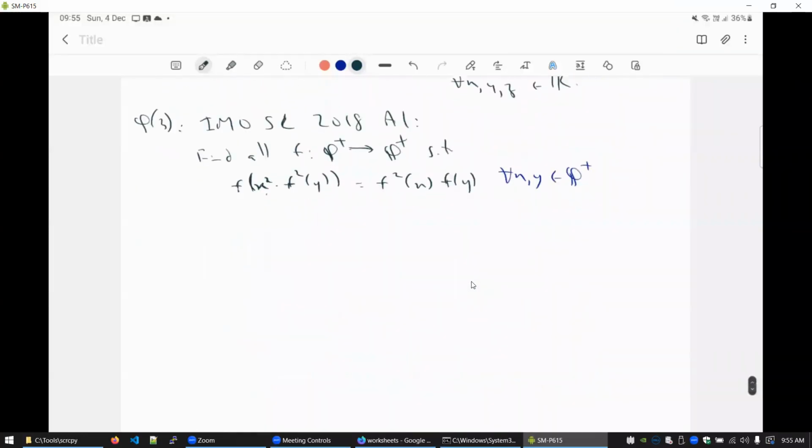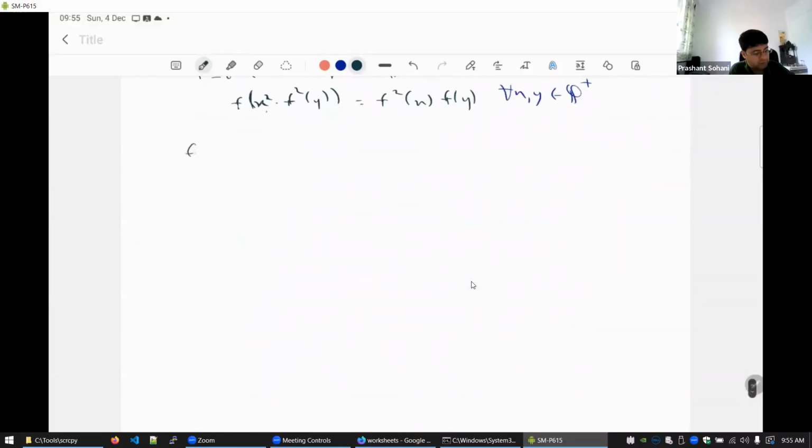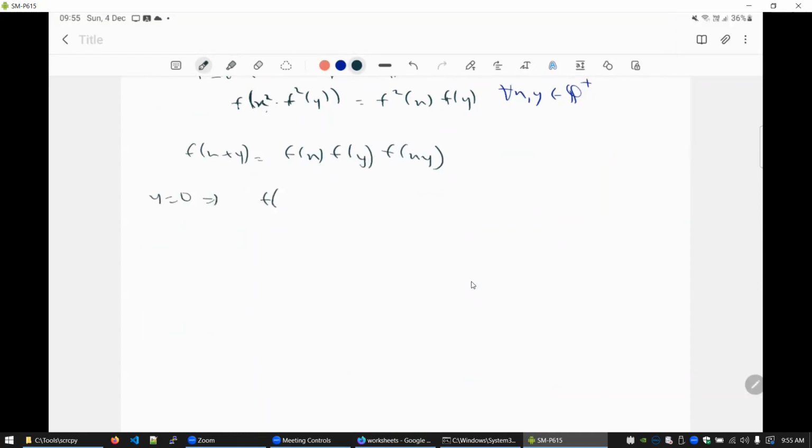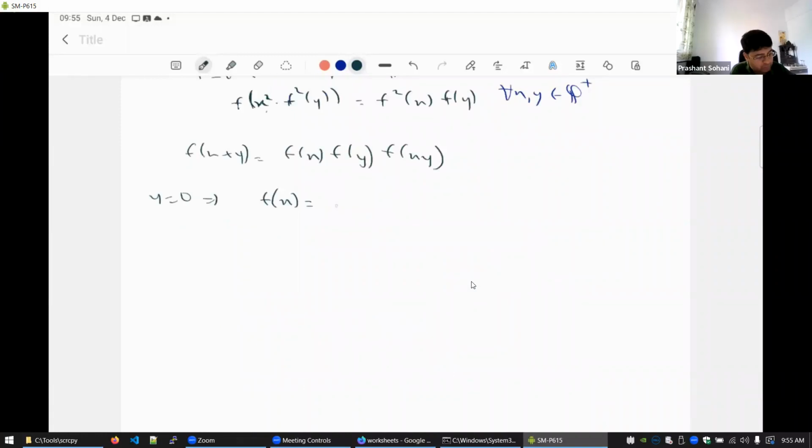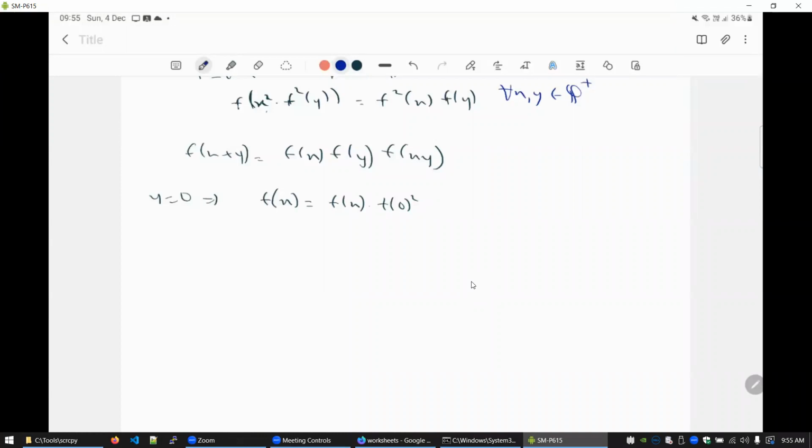We can substitute y equal to 0. f of x plus y x, we get f of x is equal to f of x times f of 0 square. So now what will happen? f of 0 square equals 1, so f of 0 equals plus minus 1.